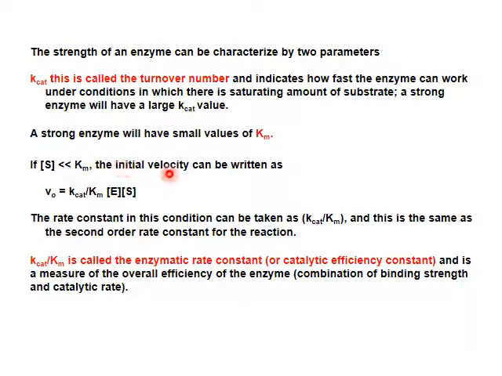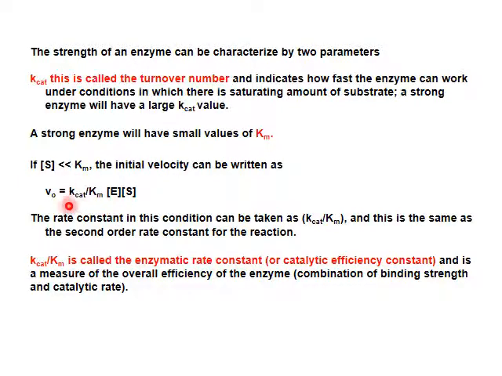So we can extrapolate the reaction as such that the substrate concentrations are so low that we can think about the reaction in terms of the association of E and S as the initial velocity, because we just don't have a lot of substrate to build up a lot of ES right away, the concentration of it being low. So we can think of it as an initial velocity is kcat over Km times E plus S. So this is now a second order rate constant, this kcat over Km.